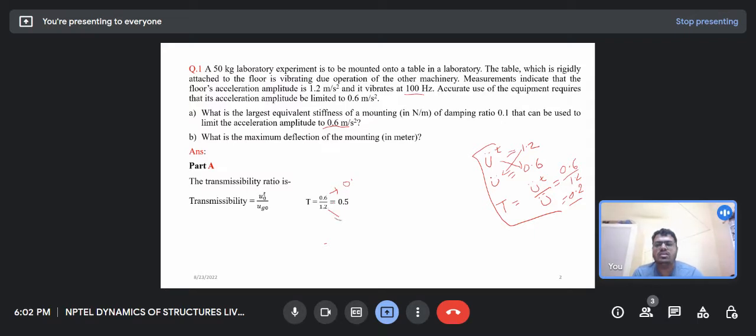Consider this is a floor and there is some equipment here. The floor is vibrating at 1.2, and in response 0.6 is coming out. We have to find out the stiffness of the damping pad.